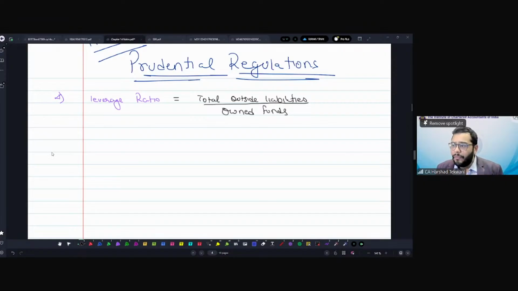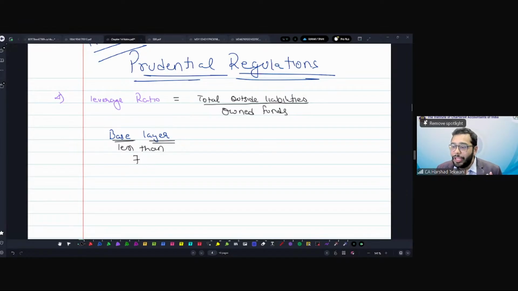Now for the NBFC base layer, your leverage ratio should not be more than 7 at any point in time, meaning it should be less than 7. When you divide your total outside liabilities by net own funds, it should not be more than 7. So that is for the base layer.